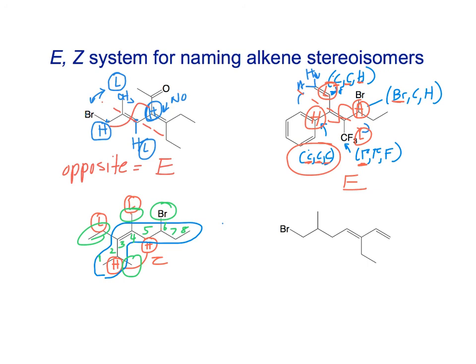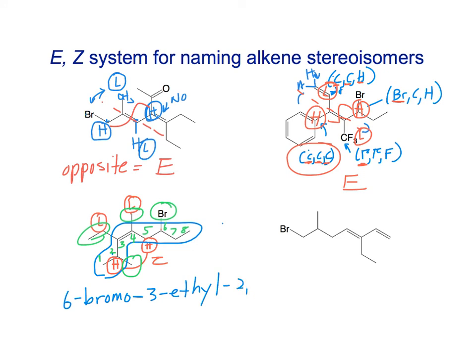Okay, so we're going to start with the bromine. 6-bromo. Next in the alphabet, ethyl. 3-ethyl. And then we have two different methyl groups. We have one at 2 and one at 4.